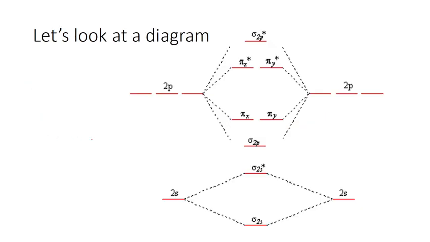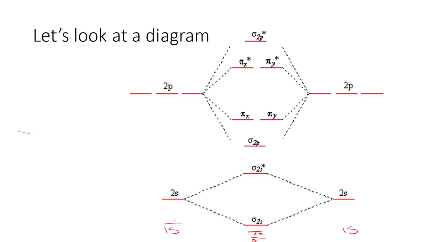So let's take a look at a molecular orbital diagram here. In this, you might notice that 1s is not represented. A lot of times you will not have 1s represented. It's going to look the same as 2s, right? So you would have your two lines here in the middle, your sigma and your sigma star. Now, why we don't represent these most of the time is that unless you are dealing with hydrogen and hydrogen only, all of this will be filled up, right?